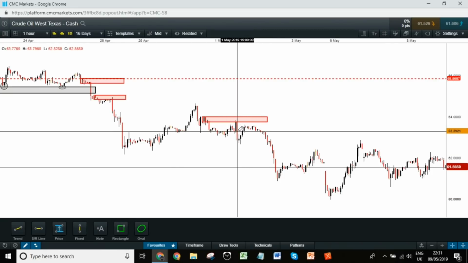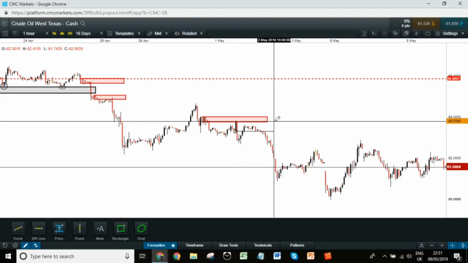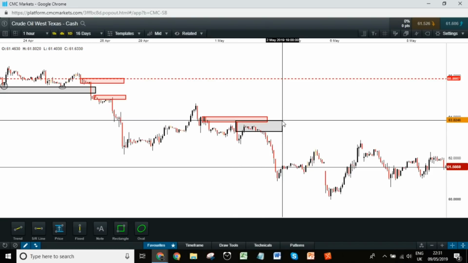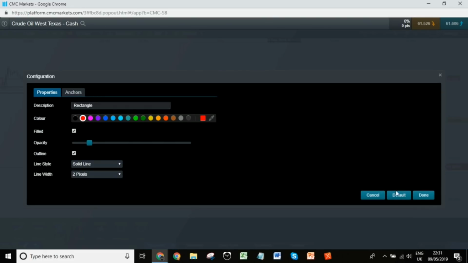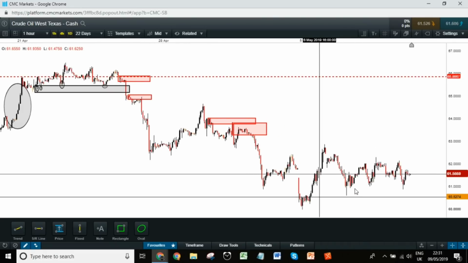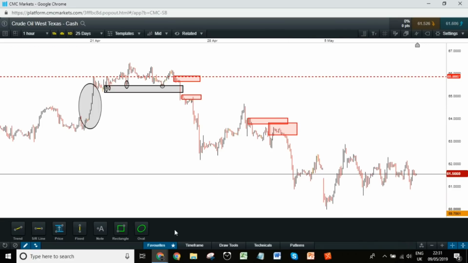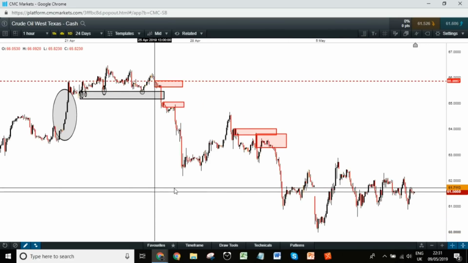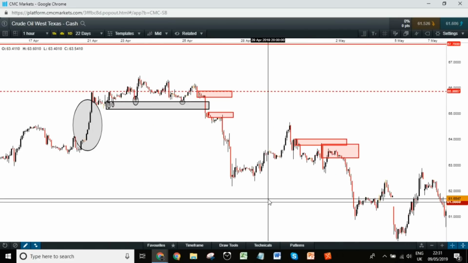And we have another opportunity over here also, right? But this is how we simply validate our zones.